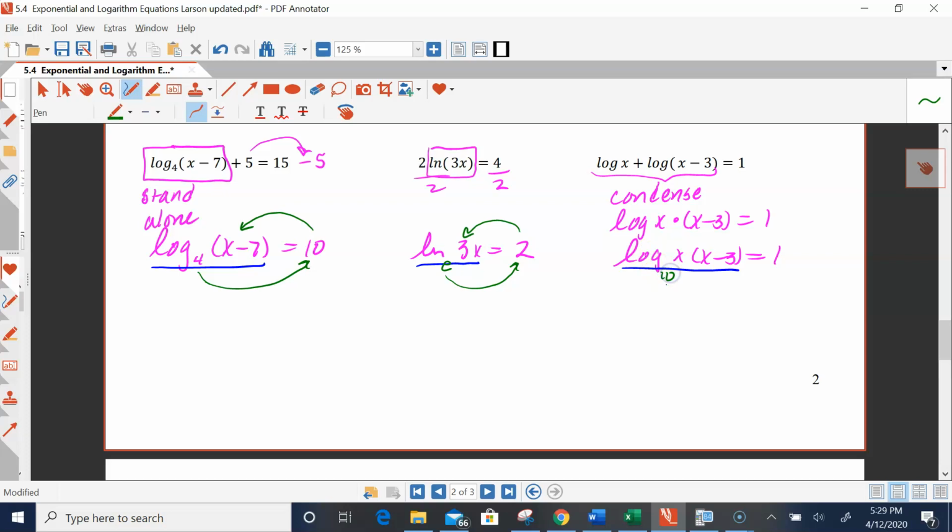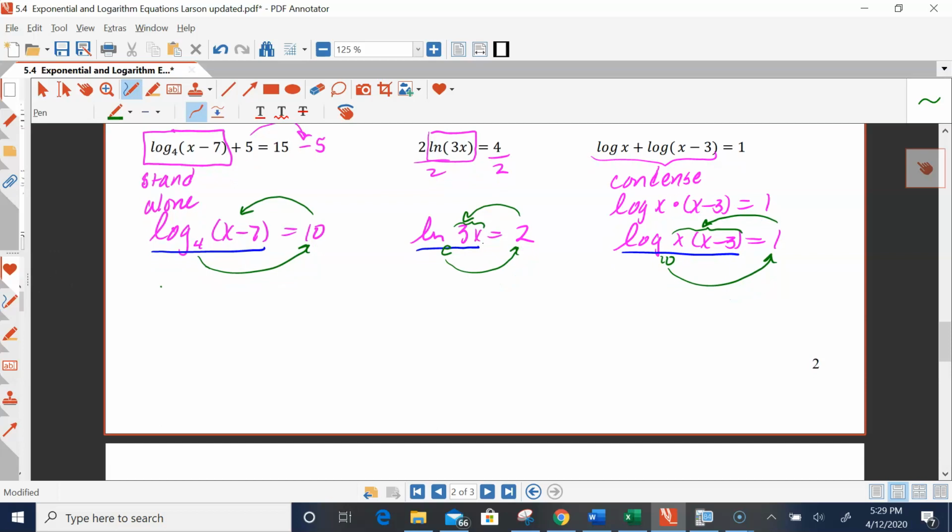This base of 10, raise it to the first power, set it equal to that argument. Let's see what that looks like. 4 to the 10th equals x minus 7. e to the second equals 3x. 10 to the first power equals x times x minus 3.